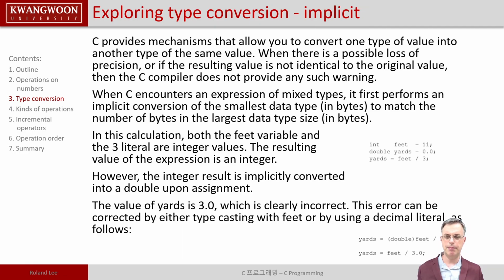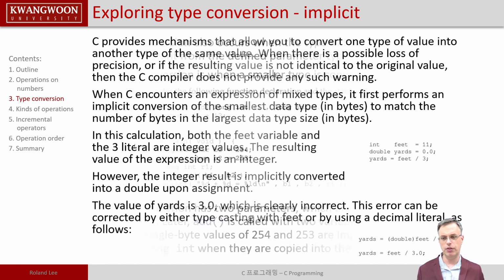The second statement specifies a decimal literal which is interpreted as a double and performs the division. The result is a double. In both statements, because the result is double, there is no conversion needed upon assignment to yards. Yards now has the correct value of 3.6667.